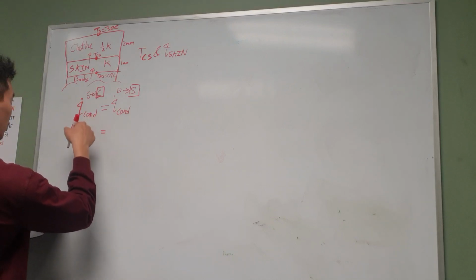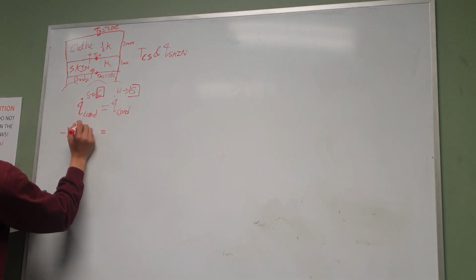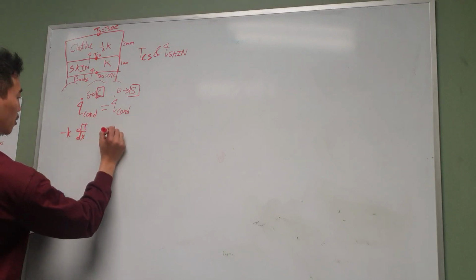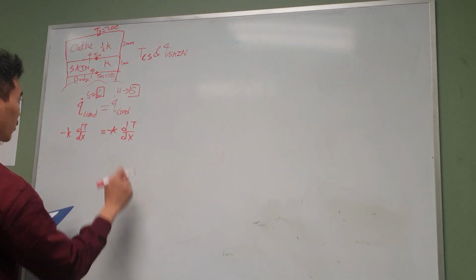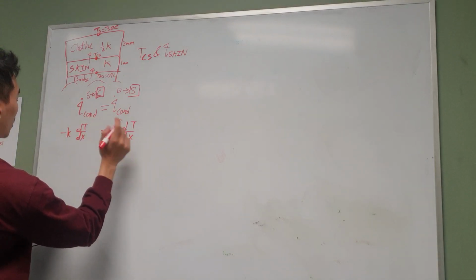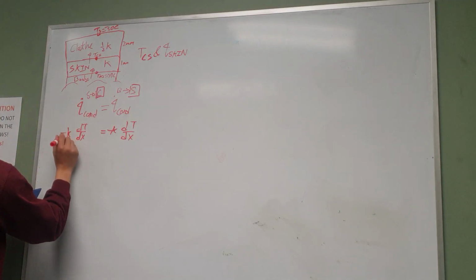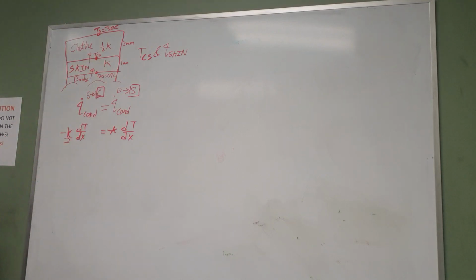So we're going to put all the clothing numbers here. Q conduction is the same thing, K dT over dx. Since we're primarily concerned with skin, we'll have a skin K, and for the clothes it's going to be 1/2.